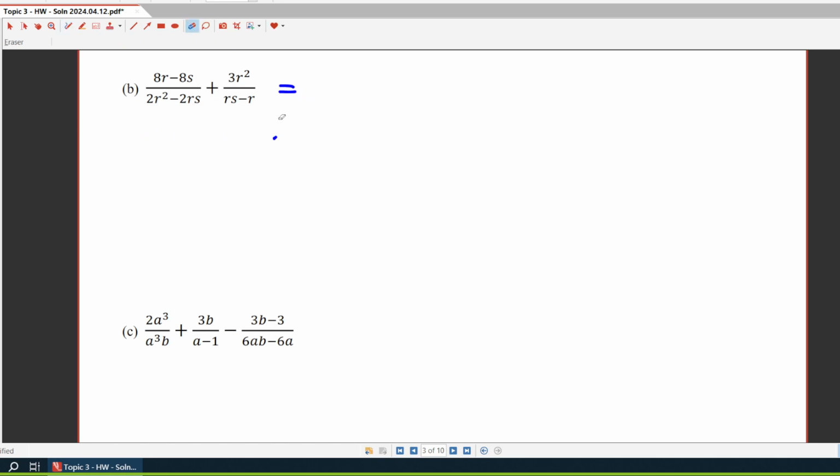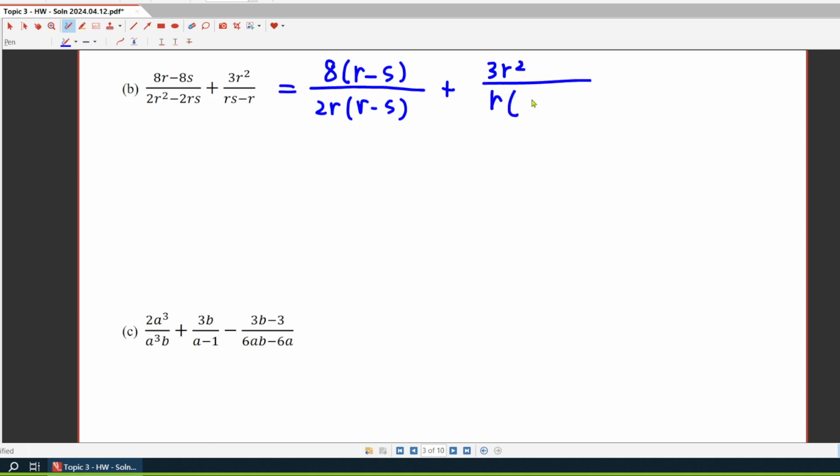Therefore, probably we can try to simplify each of the fractions first. So put 8 there, then 8 times r minus s over 2r times r minus s, right? The second one gives us 3r squared over r times s minus 1. And we can cancel r minus s here, cancel an r here.